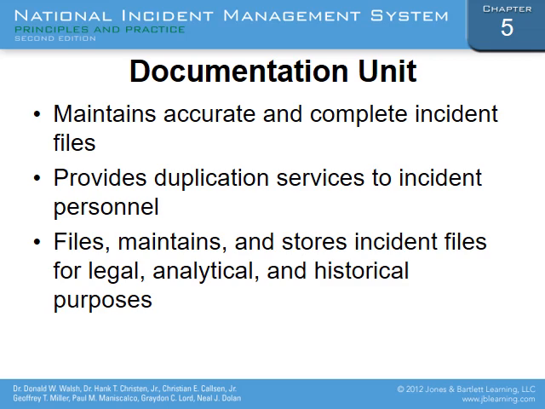They take all the files, they maintain and store all the legal information, the analytical history. These are, for lack of a better term, your paperwork shufflers. You know, they make sure everything's right, written down, and they have records and files readily available because, again, you need to have a paper trail if you're ever going to get any kind of federal reimbursement.